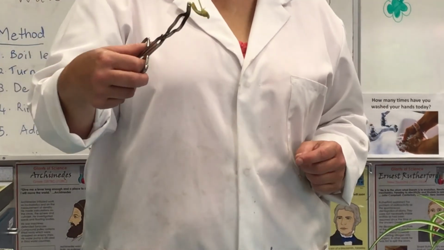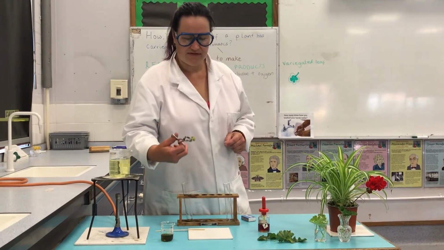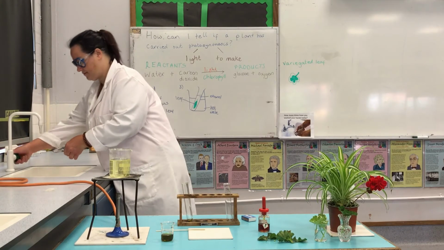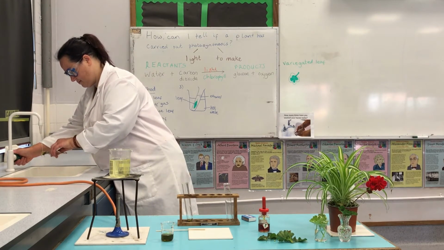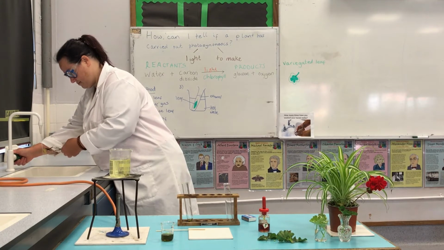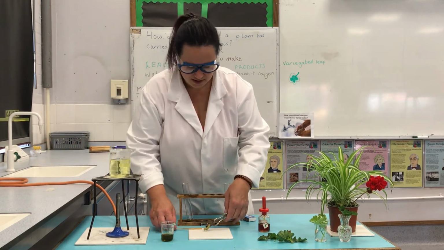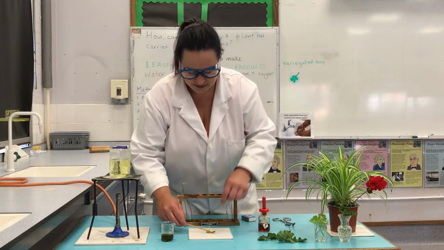It's a little bit crispy at the moment, so I'm going to rinse it with cold water to get rid of any ethanol and to soften the leaf. And I'm going to spread the leaf out on this white tile so it's nice and flat.